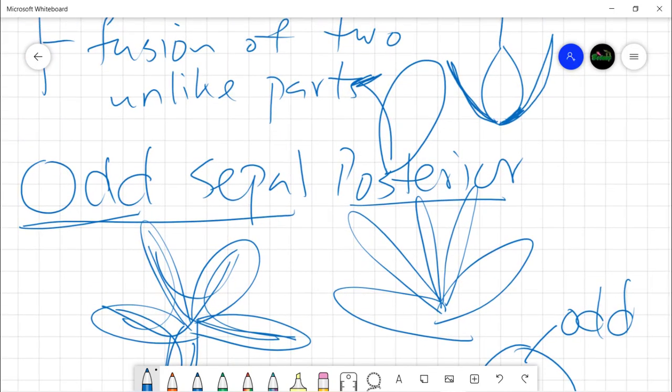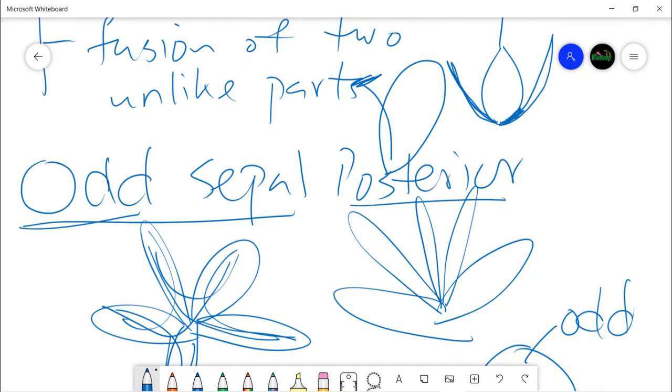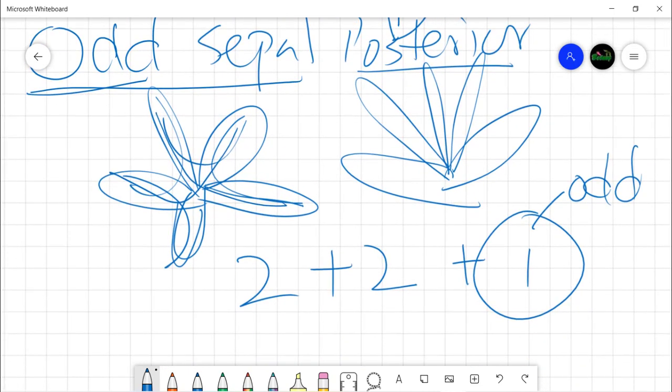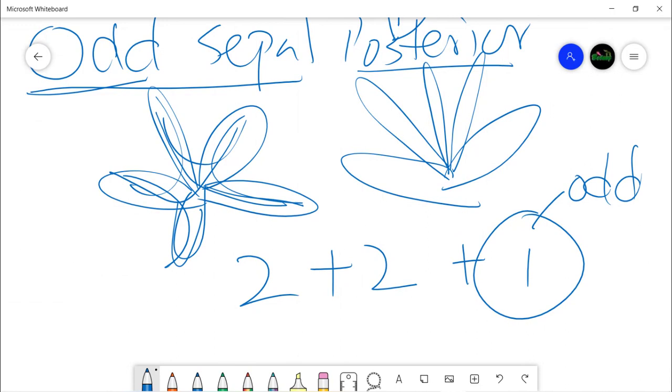And how do we determine that this is the odd petal? Because of its position. It might be anterior or posterior. Now this anterior and posterior position of the sepal is related to the floral diagram, which we haven't discussed yet, and obviously it is quite a lengthy discussion, and we are not going to go into detail because we are discussing the floral parts, the sepals, petals of the family Apiaceae.